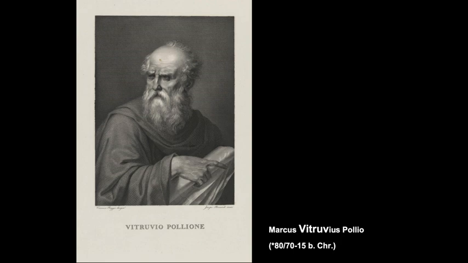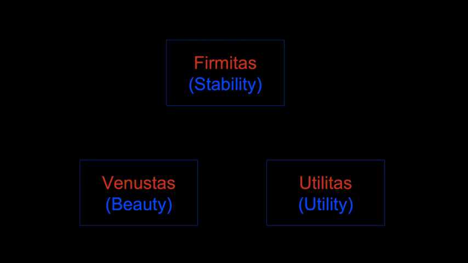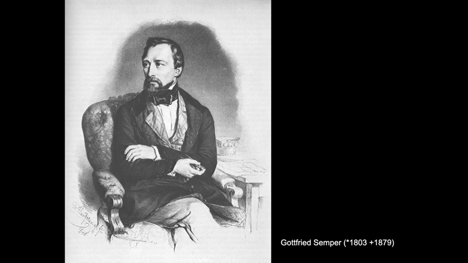So I'd like to start again with a summary of what we talked about so far. We saw some theorists like Marcus Vitruvius Pollio and his reflections on architecture and the three qualities he demands of architecture, the utilitas, firmitas and venustas: utility, stability and beauty.